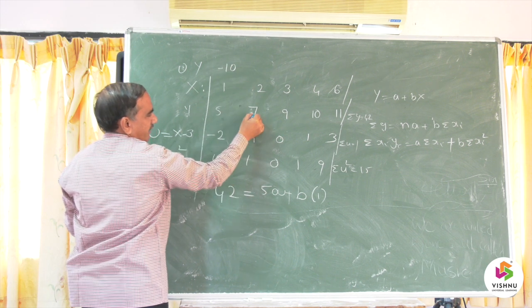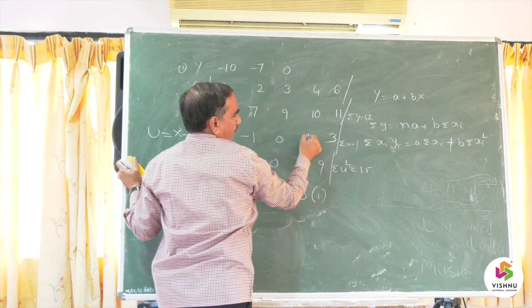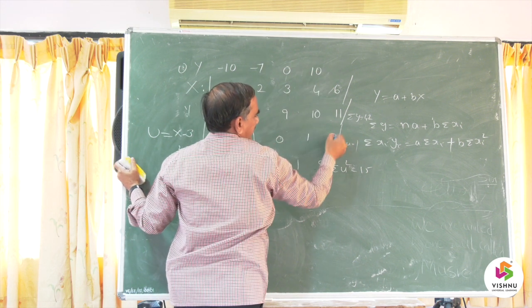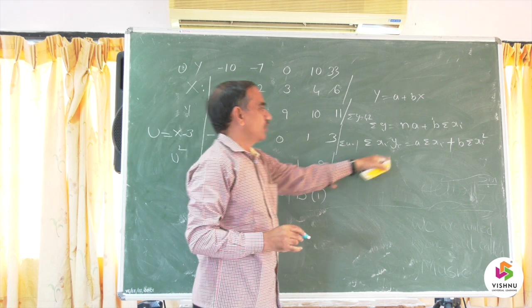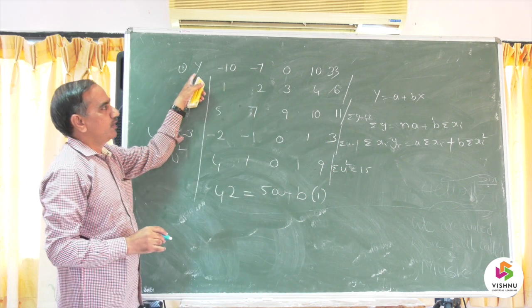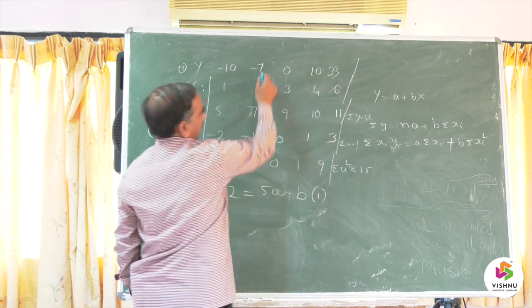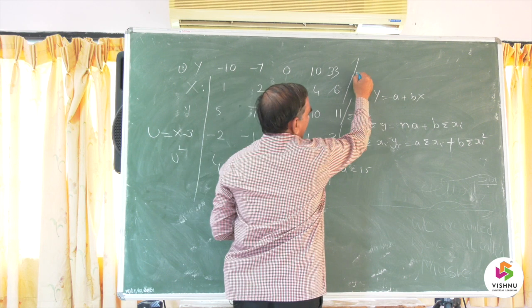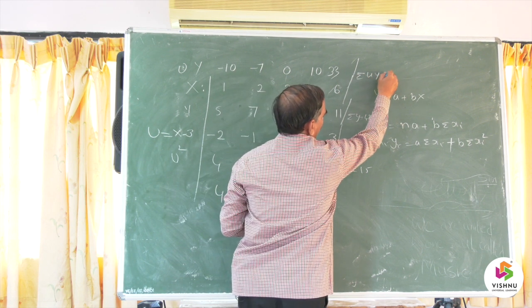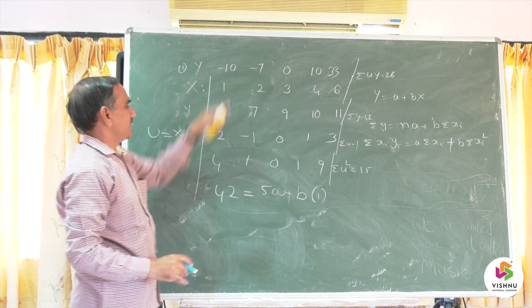Minus 1 into 7, minus 7. 0 into 9, 0. 1 into 10, 10. 3 into 11, 33. So sigma xy is nothing but sigma u into y. So the total value is 43 minus 7, 36; 36 minus 10, 26. Sigma u y is equal to 26.